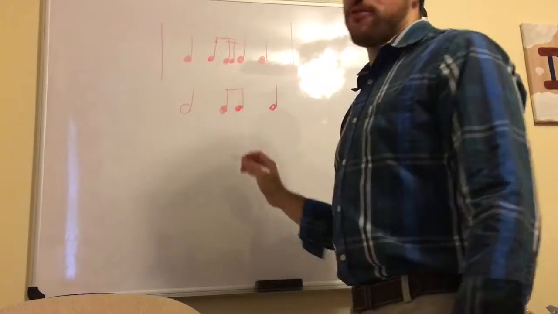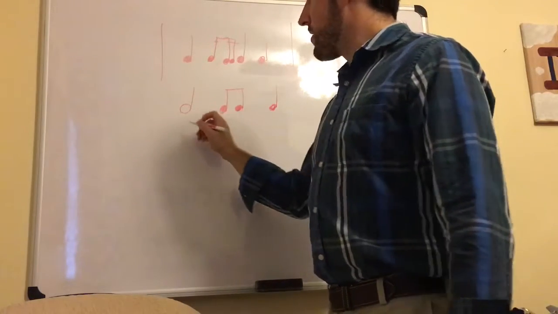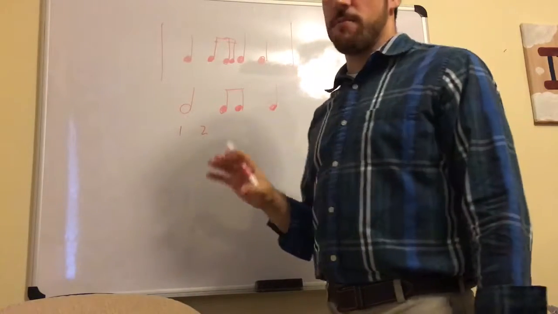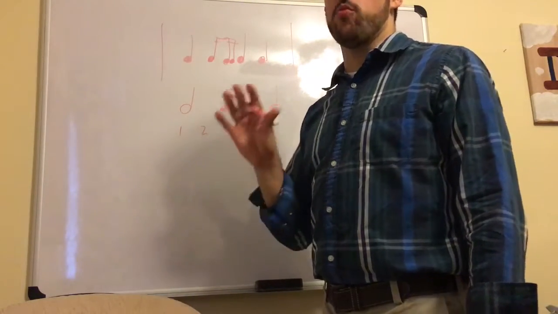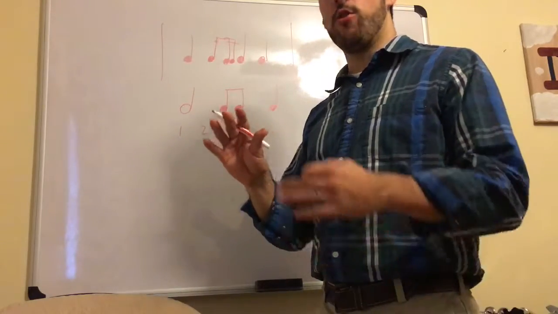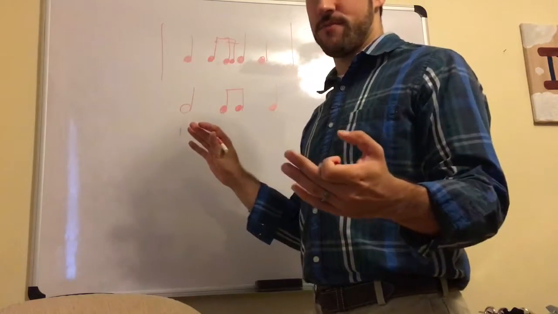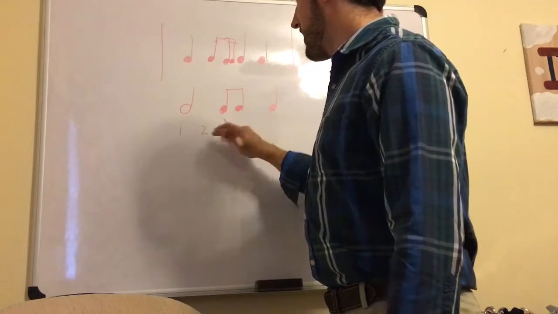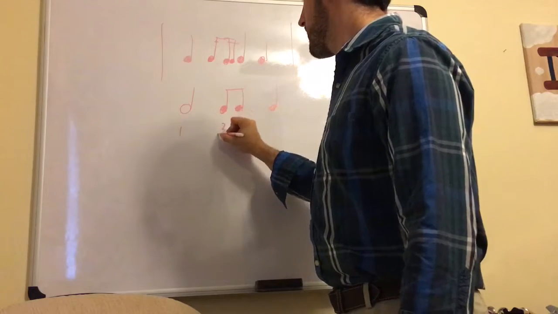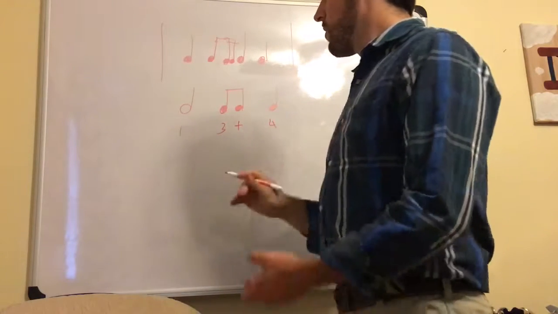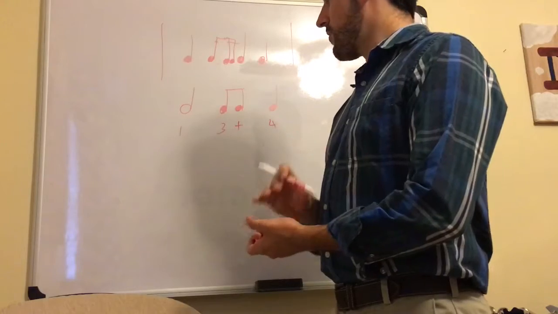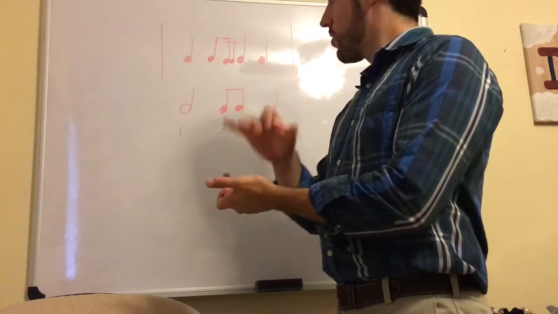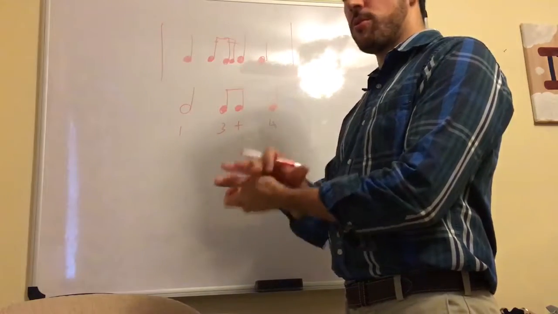For this half note right here, you are not going to put 1 and 2, because the beat only comes in on beat 1, but it holds it out through beat 2. So it'd be, for example, 1, 2, 3, 4. 1, 2, 3, and 4.